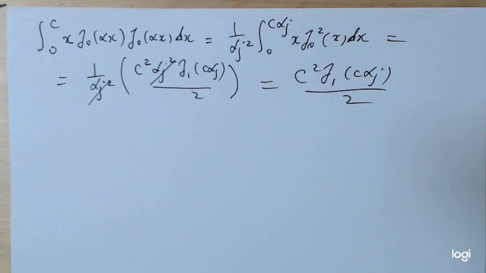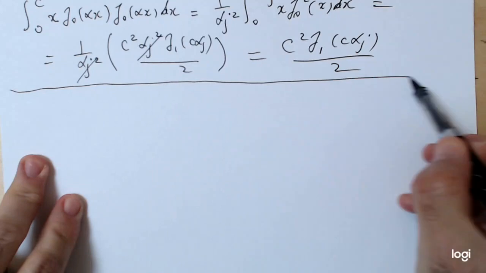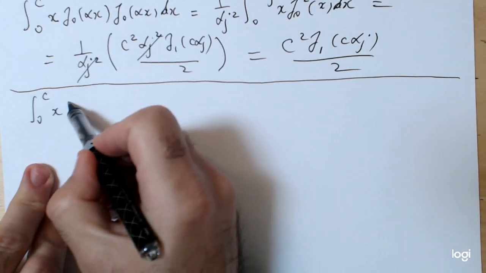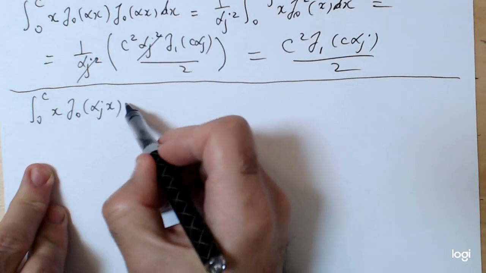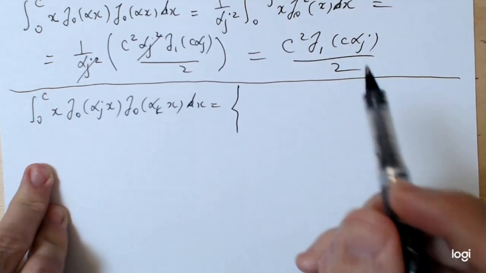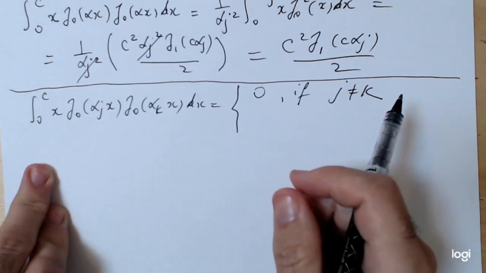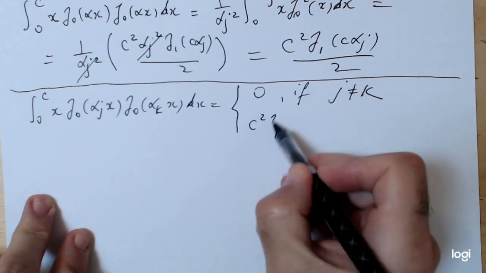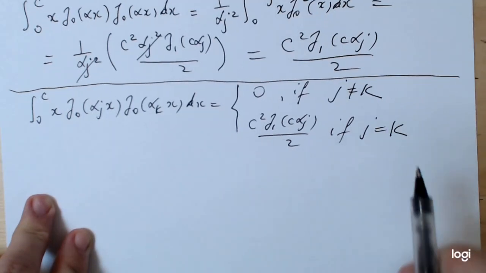So we finished the orthogonality property. In other words, we showed that when we take the integral of the product of the two Bessel functions at alpha j x and at alpha k x, we get 0 if j is not equal to k, and we end up with c squared J1 of c alpha j over 2 if j is equal to k.